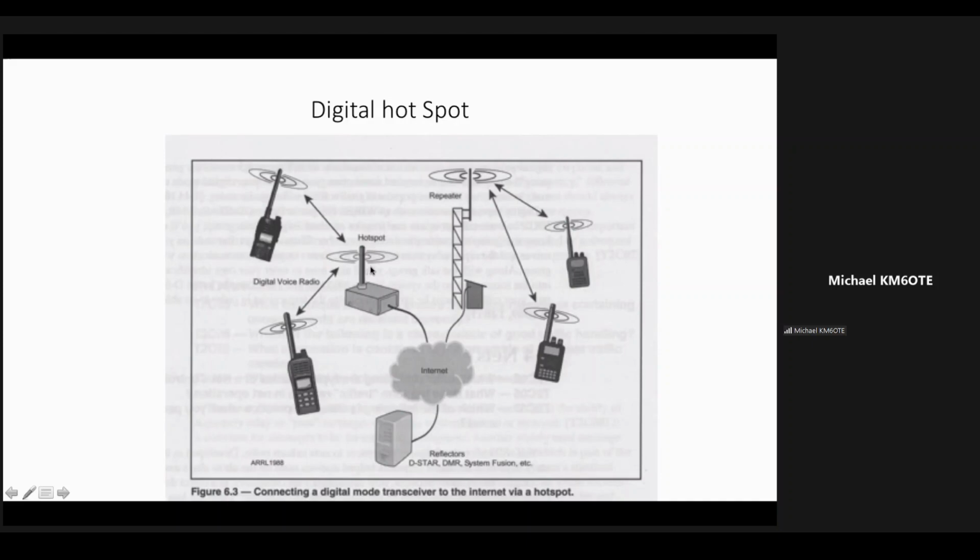A hotspot is a little box. They're not very expensive, and they connect your computer to the internet so that you can use a handheld or even a base station to communicate over the digital modes, D-Star, DMR, System Fusion, via that hotspot. So a hotspot is for connecting your digital mode transceiver to the internet.